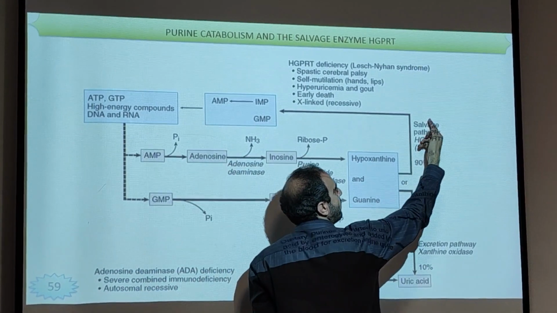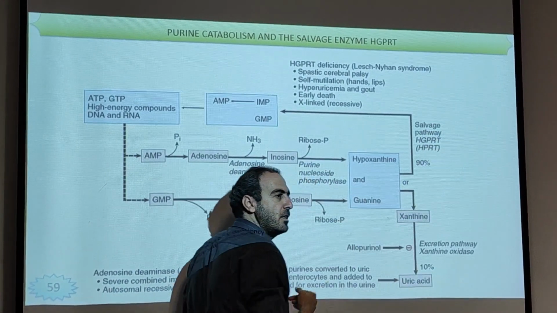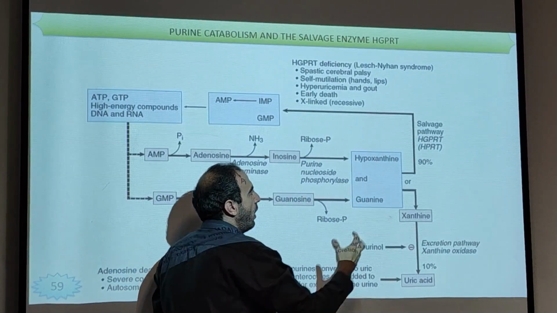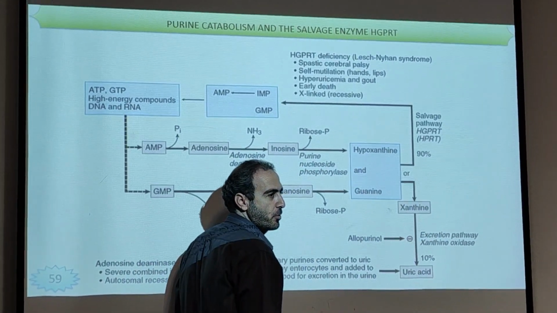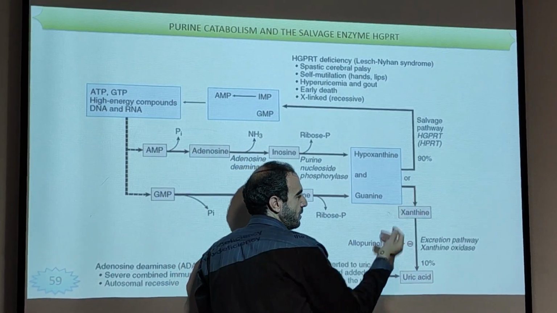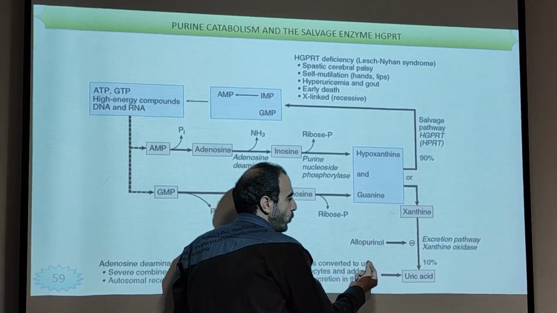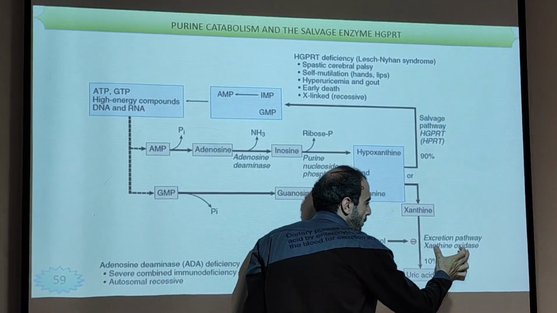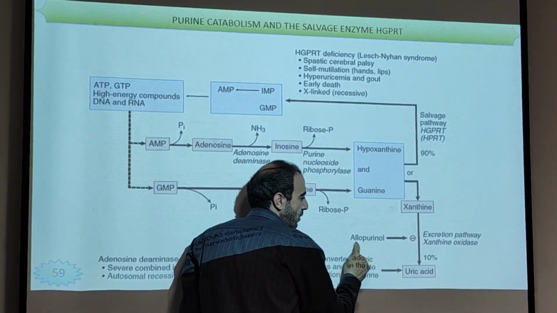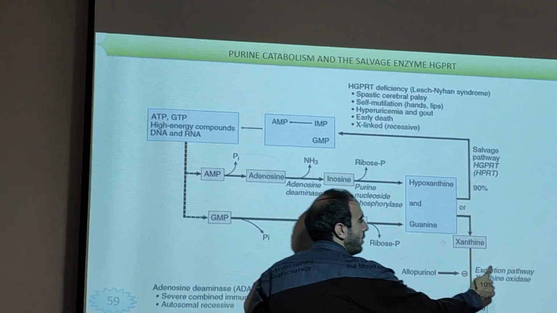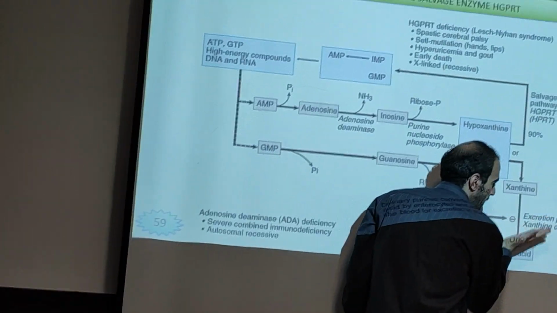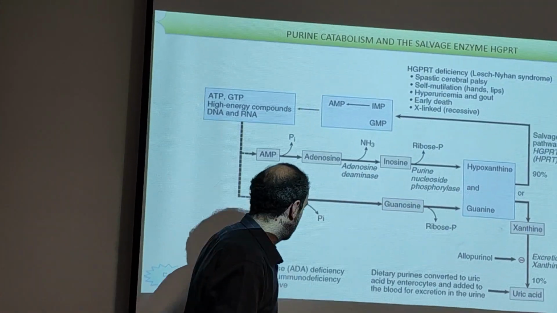If we have dysfunction of this enzyme, all of them go to uric acid production, and uric acid is increased. To inhibit xanthine oxidase, we need allopurinol. Allopurinol inhibits xanthine oxidase and decreases uric acid production.